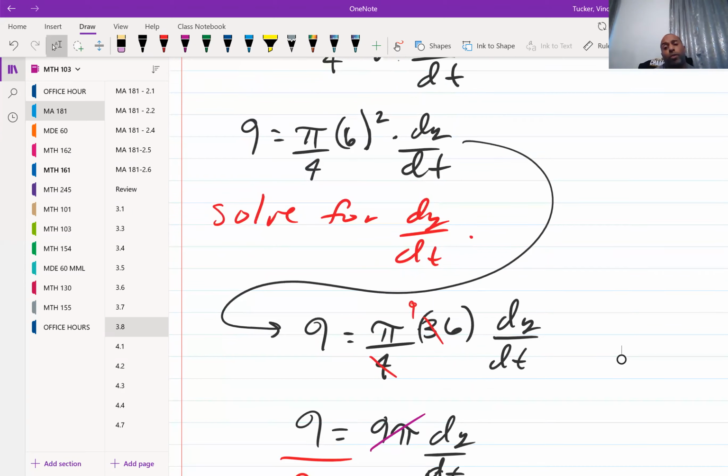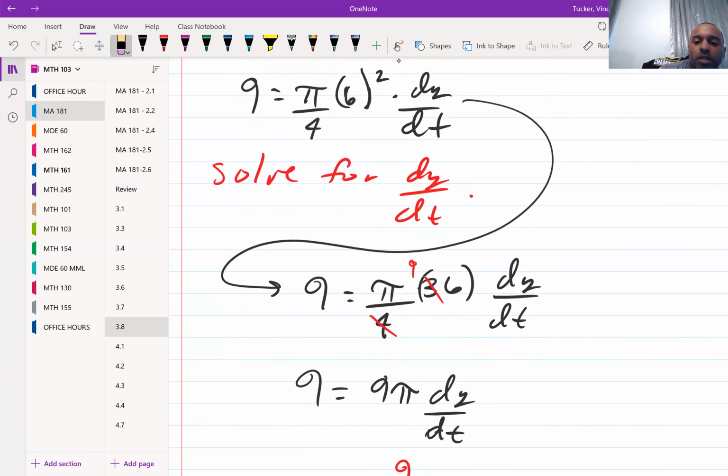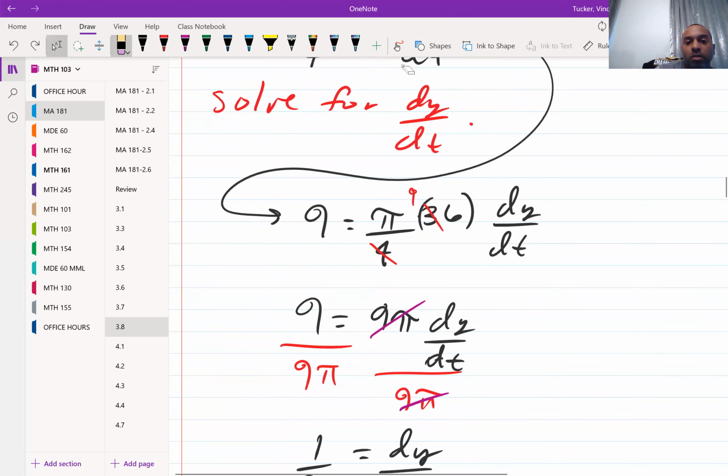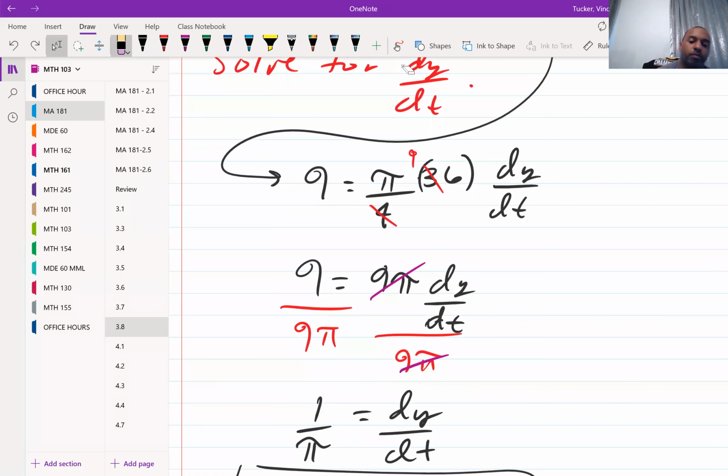So 6 squared is 36. 4 can divide into 36 and leave us with 9 equal to 9 pi dy dt. Then we can divide both sides by 9 pi. That means dy dt is equal to 1 over pi.